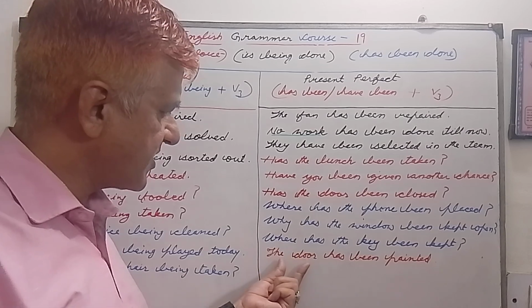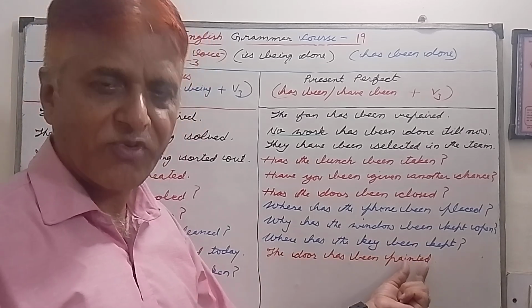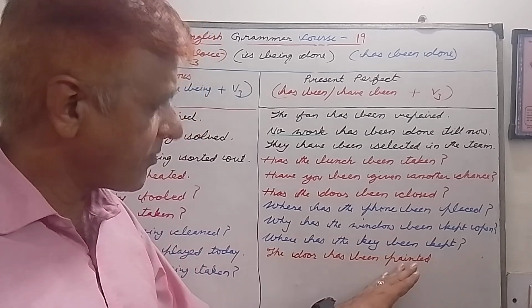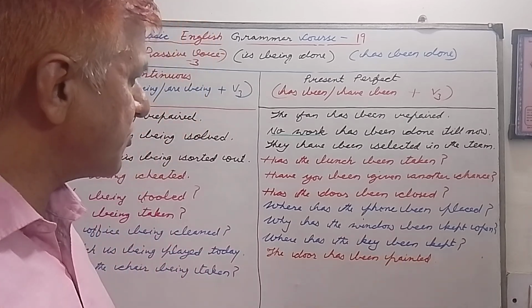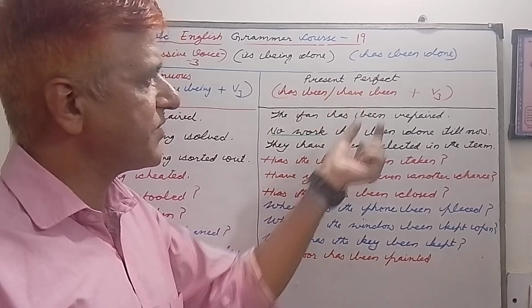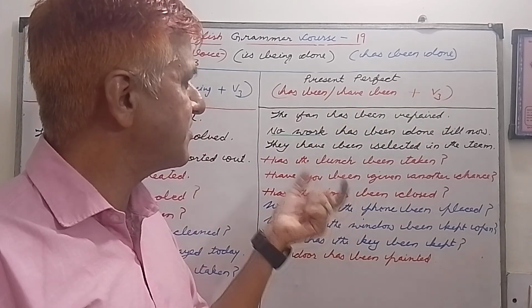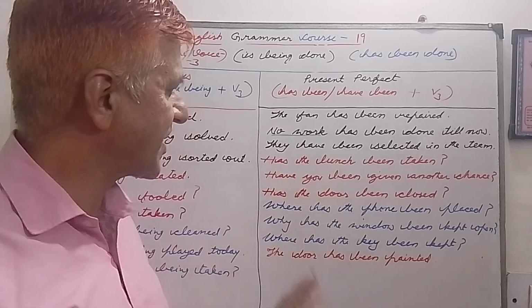So the subject is the door, has been is the helping verb, and painted is the third form or past participle. So in this way, by using has been or have been and the third form of the verb, you can write as many sentences in passive voice as you can.